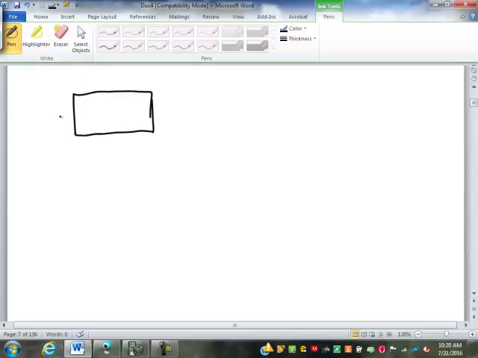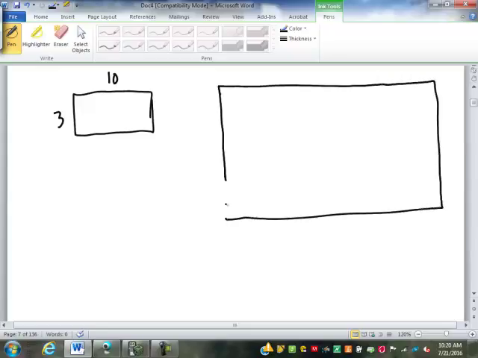Let's say I have a rectangle that is 3 by 10. And I am going to enlarge that rectangle. So this is now 9. What's this side going to be?